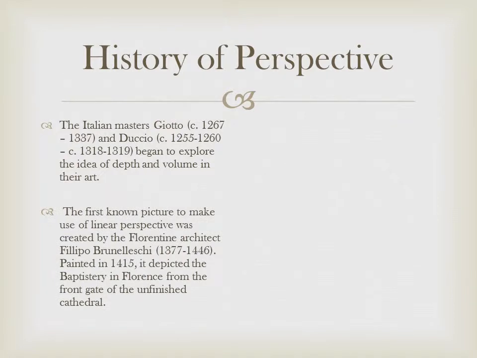The first known picture to make use of linear perspective was created by Florentine architect Filippo Brunelleschi (1377 through 1446). Painted in 1415, it depicted the baptistry in Florence from the front gate of the unfinished cathedral.